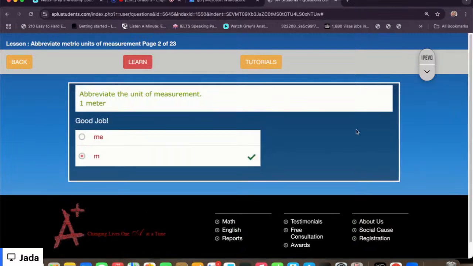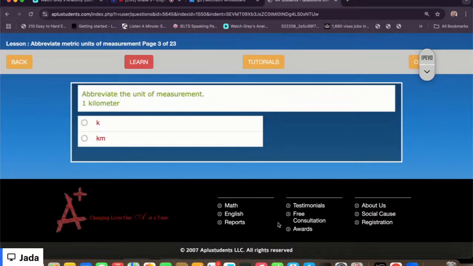Okay. All right, so what is 1 kilometer? What does the 1 kilometer stand for with the abbreviation pattern?